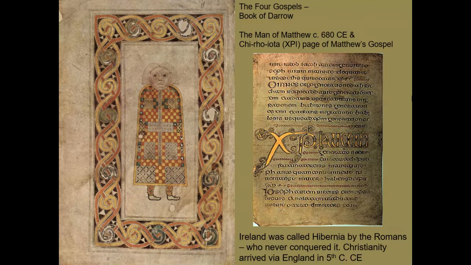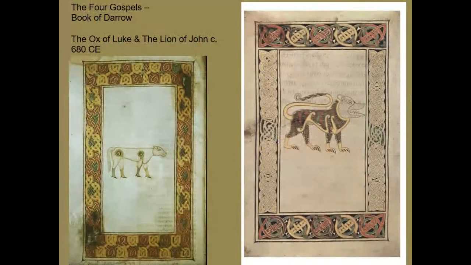Very symmetrical. You can see that the figure is presented pretty much frontally, although it is a composite view. His legs are turned to the side. The arms are barely indicated, and the emphasis is much more on pattern and decoration than on specific individual facial expression or recognizable individual features.